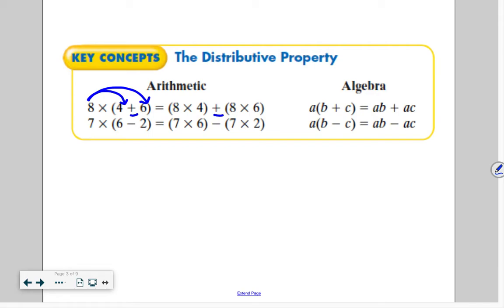If I was doing it algebraically, I'm multiplying the A times the B, and then I'm multiplying the A times the C, and I'm adding the two together. Or, in subtraction, it's the same thing. I can distribute the 7 to the 6, distribute the 7 to the 2, and because there was a subtraction sign, I subtract those 2 products.